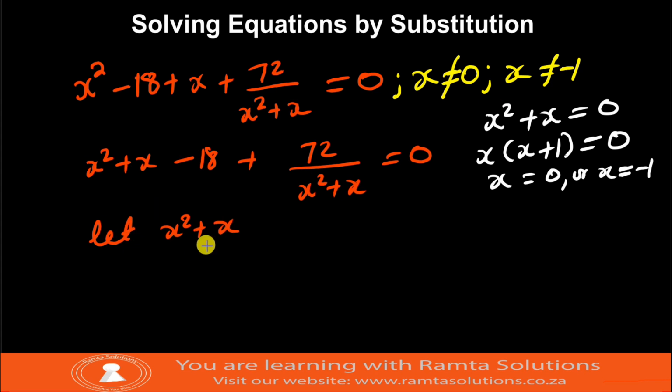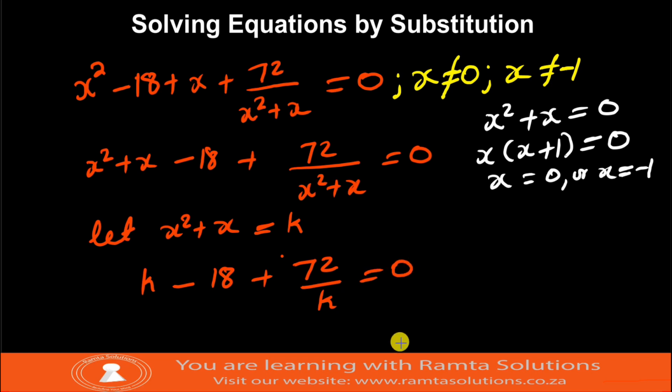So I will say let x squared plus x equals k. So we say k minus 18 plus 72 over k is equal to 0.